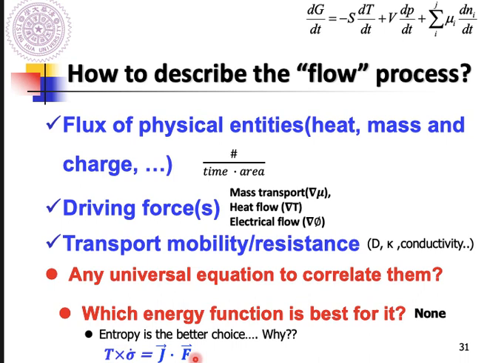In order to demonstrate that this universal equation can really well quantitatively describe the flow process, we are going to spend several slides demonstrating three flow processes. The first one will be the heat flow process, the second one the electrical flow process, and the third one the mass transport flow process.